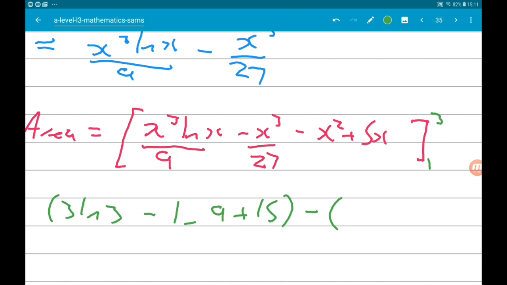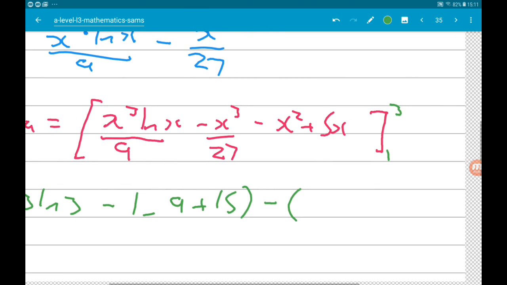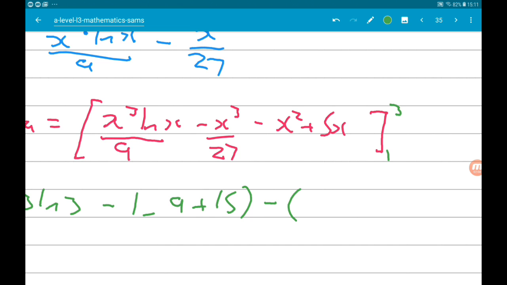So that first term disappears. So then we get minus 1/27 minus 1 add 5.